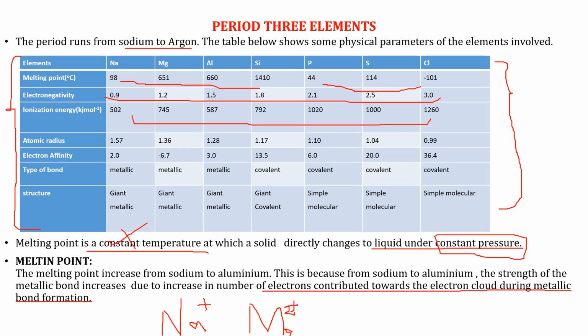That means that bonds are going to be shorter. And in the previous video, I said the shorter the bonds, the stronger they are. And the stronger they are, that means that more energy is required to break such bonds. That means that the shorter the bond, the stronger it is, the more energy required, and the higher the melting point.